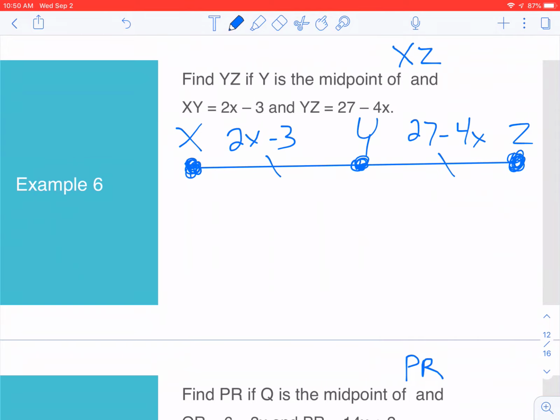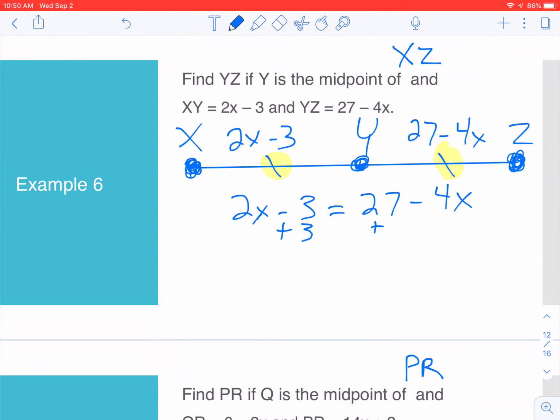What do I know about those two statements? I know that they are equal. Why? Because of the congruent mark. It's a midpoint. Those two are equal. So what I do is I do 2x minus 3 equals 27 minus 4x. Now I can do algebra. I'm going to add 3.